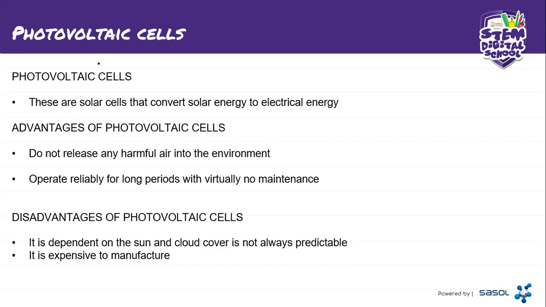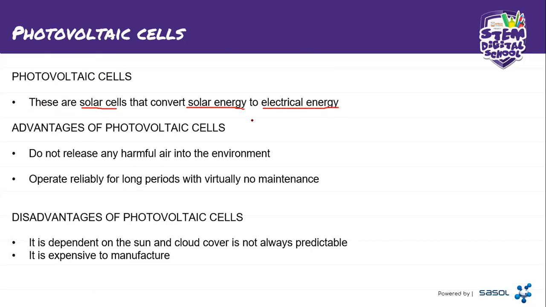And most of the time, you will see them on top of a roof. Those solar panels that you see around, usually they are black, and from a distance they are a bit purple because of the reflection of light, but those are photovoltaic cells. So we say photovoltaic cells are solar cells, and they convert solar energy to electrical energy.